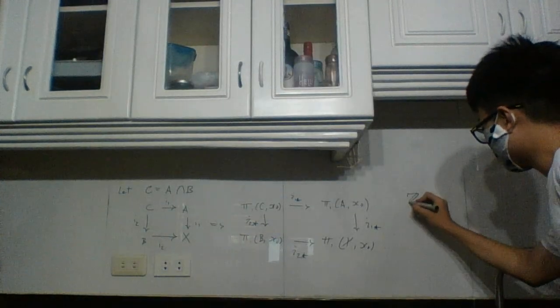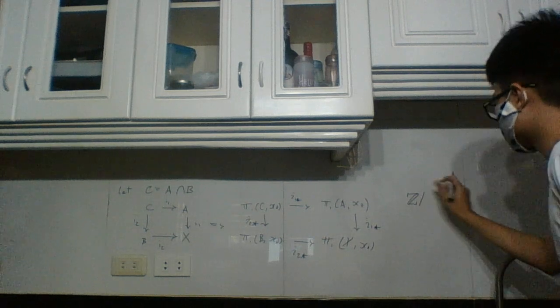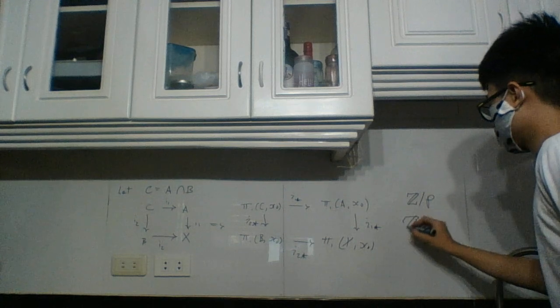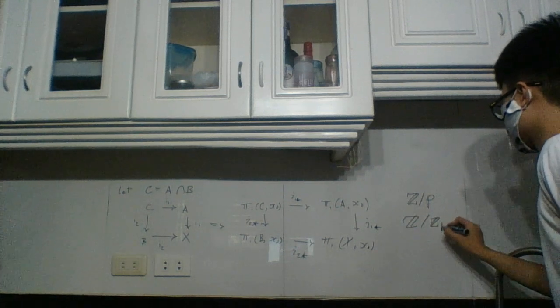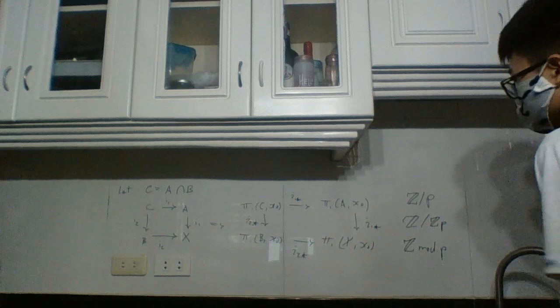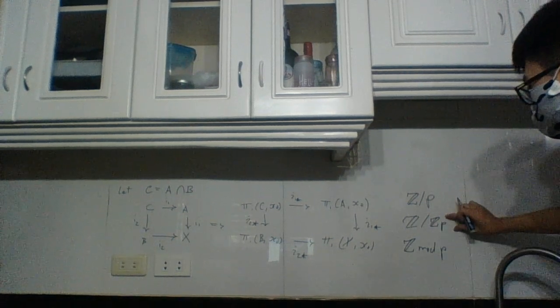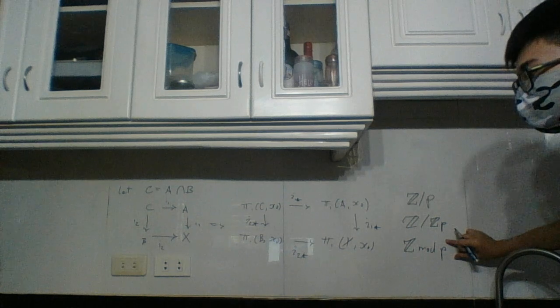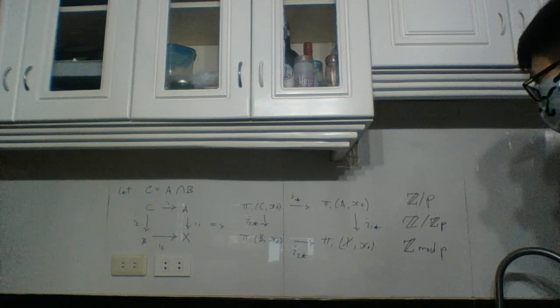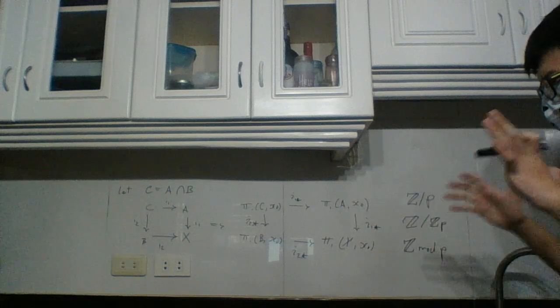So the thing you see a lot in mathematics, like Z mod PZ, is a quotient by a normal subgroup of Z. This is getting very abstract, but this is really mathematics at the purest of levels.